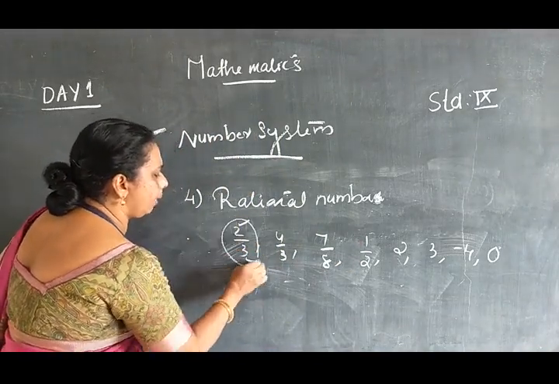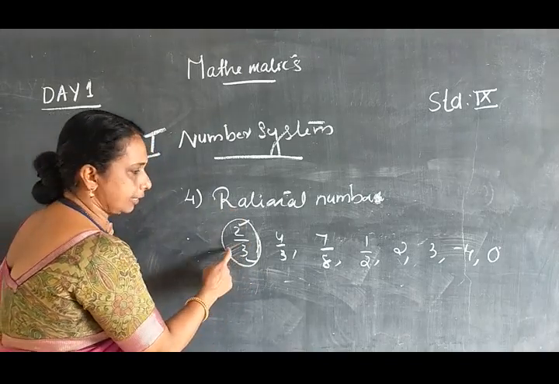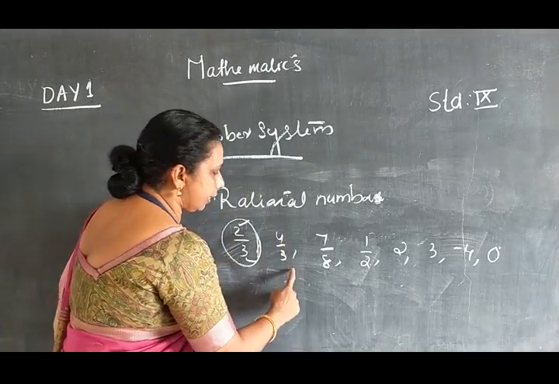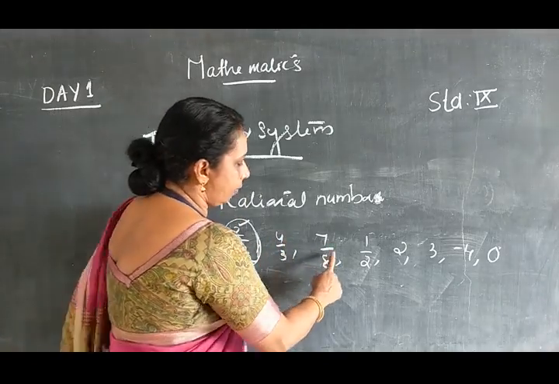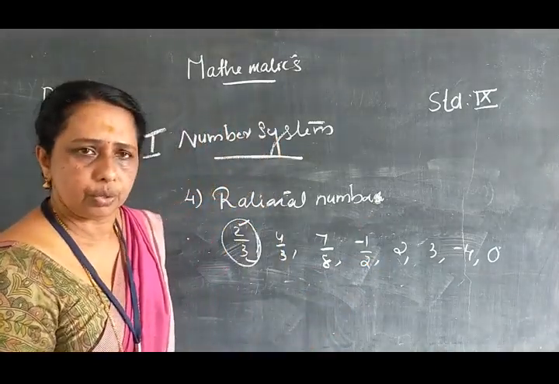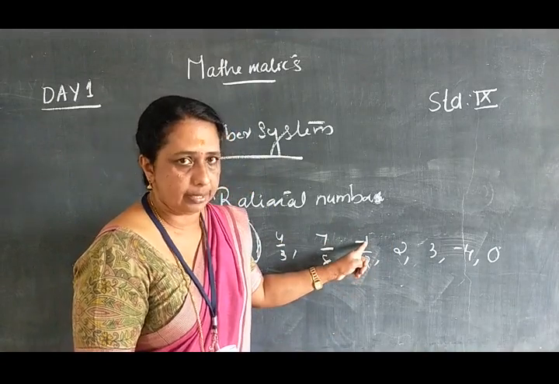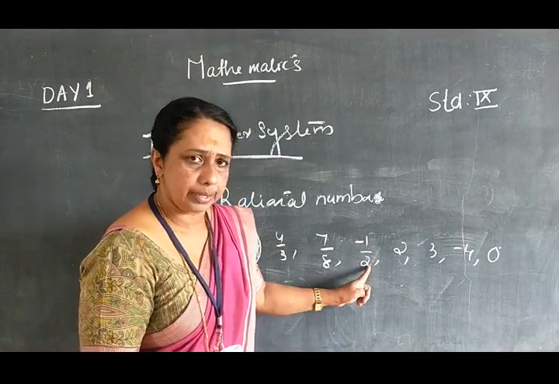It is in the form P by Q, where Q not equal to 0. This is a rational number. 4 by 3, same as this is a rational number. 7 by 8, same as this is a rational number. For this one, we can write minus 1 by 2. This is the form P by Q, where P is equal to minus 1, it is an integer. Q is equal to 2, it is an integer.